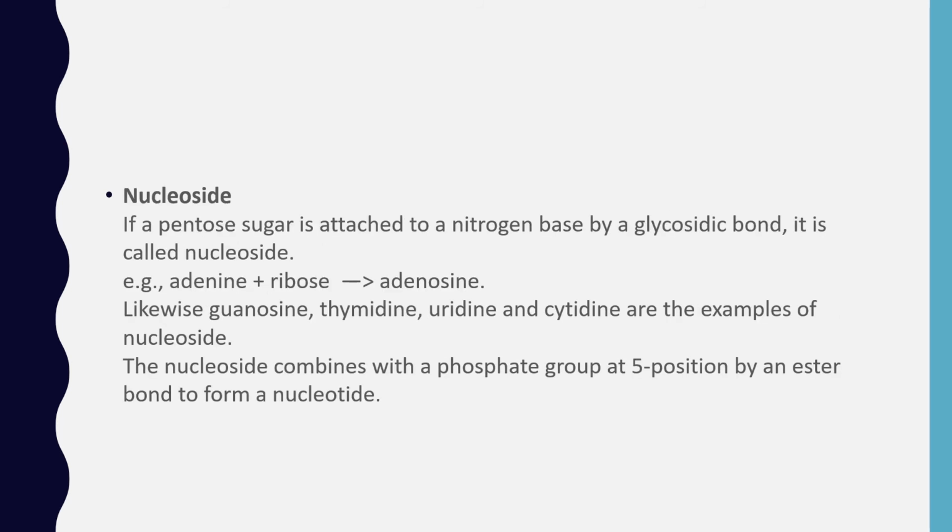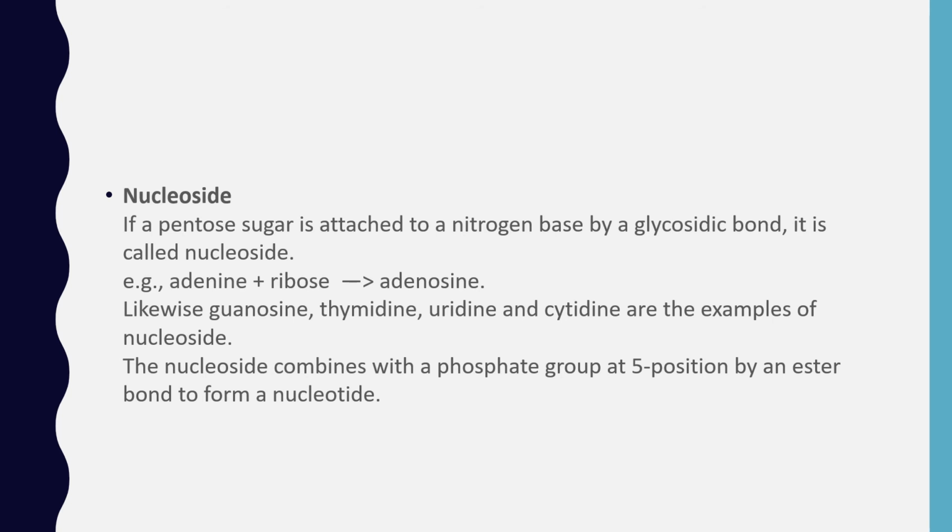Now nucleoside: if a pentose sugar is attached to a nitrogenous base by a glycosidic bond, then it is called a nucleoside. Means it is having only nitrogenous base and ribose sugar, so this is nucleoside, means no phosphate. We have the examples adenosine, likewise guanosine, thymidine, uridine and cytidine.